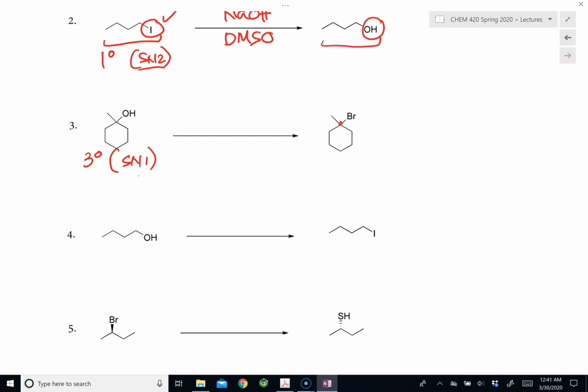And now, next one, the leaving group. The hydroxy group is not a good leaving group, so it has to be protonated first. So in this case, we need to treat this with an acid. And third, the nucleophile. Our nucleophile would be the bromide, and so that would be ideal.